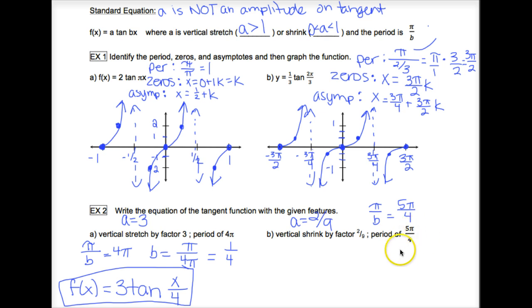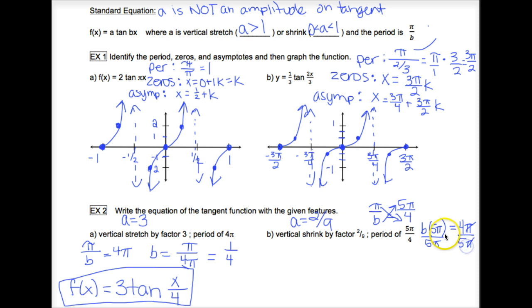Again, I personally think it's easiest to solve this as a proportion by cross multiplying, but certainly you can make your choice there. So multiply these together and set it equal to these two multiplied together. So here I've got B times 5 pi. I set that equal to pi times 4, which is 4 pi. To get B alone then, I would need to divide both sides by 5 pi.